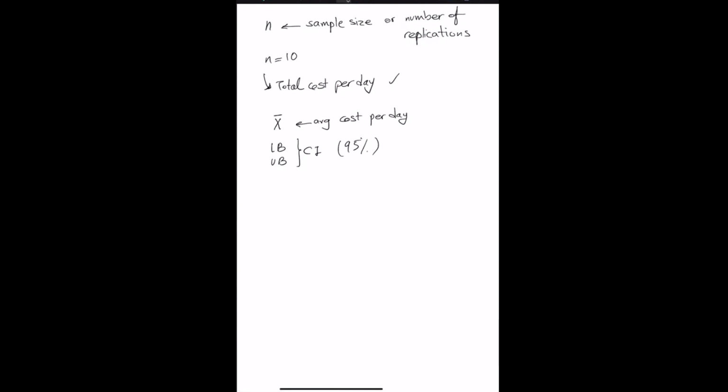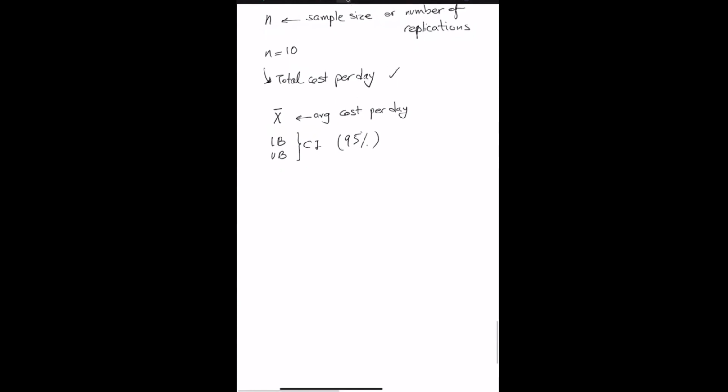From statistics, the lower bound of the confidence interval is the average minus z alpha over 2 times sigma over square root of n, and to calculate the upper bound, we add the same value to x bar: z alpha over 2 times sigma over square root of n.